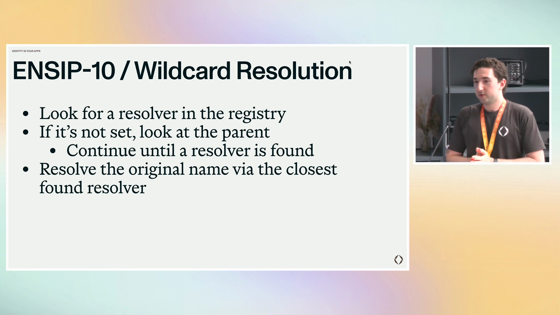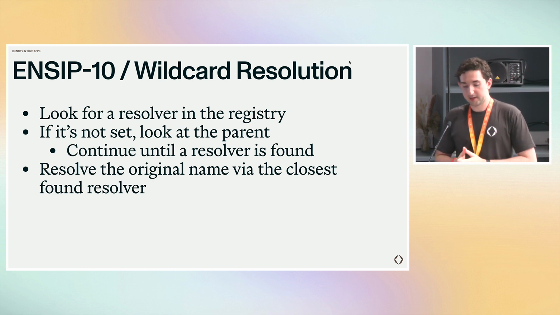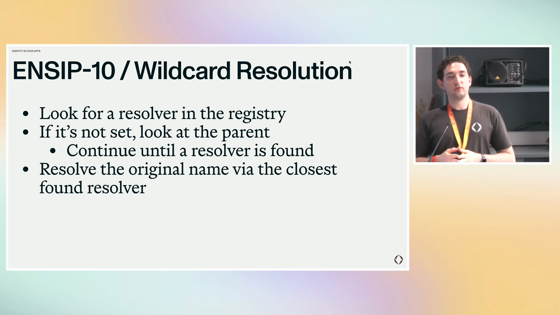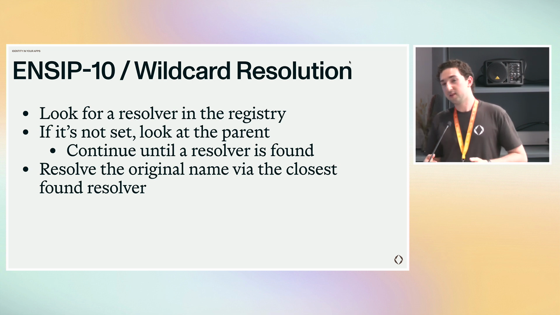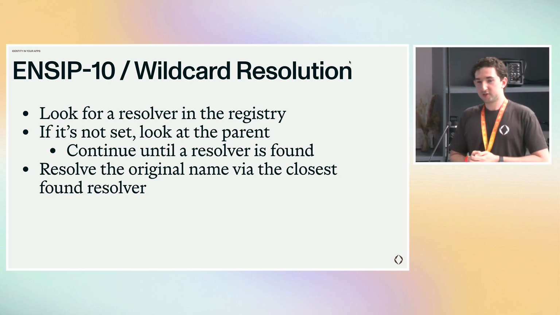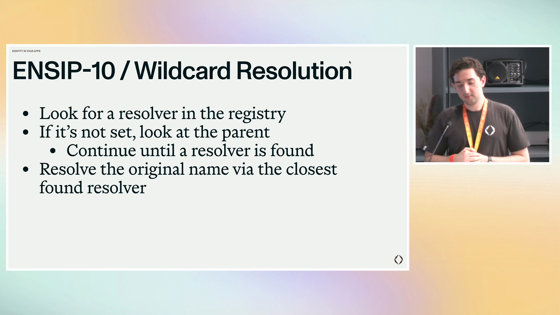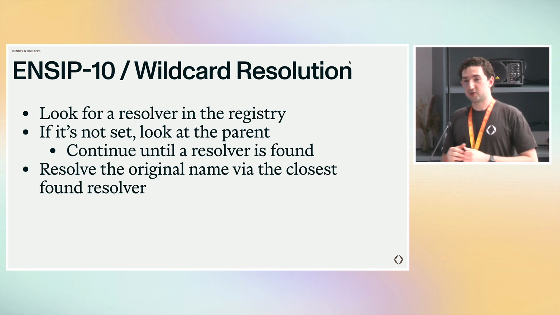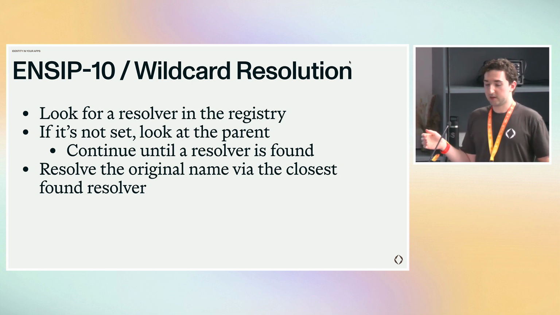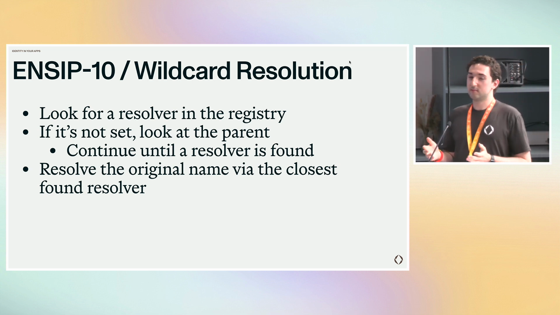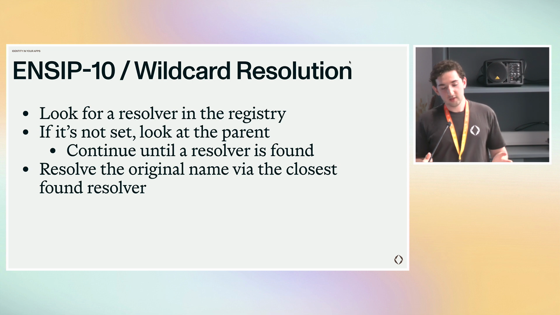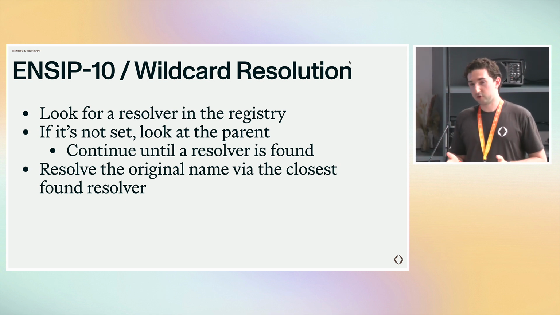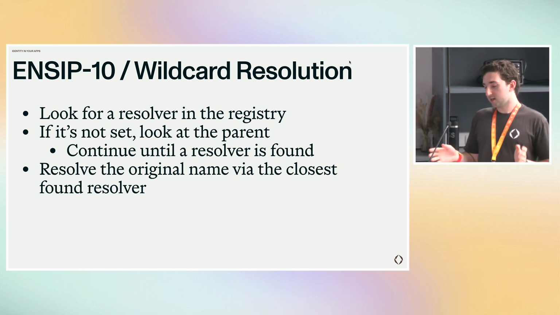Basically, wildcard resolution is an ENS spec that defines how to find the resolver for a subdomain that might not exist on-chain. So for example, you can go into the Coinbase Wallet app today and register name.cb.id. And when I say register, that's just like adding a record in Coinbase's database, but it becomes instantly accessible across all of Web3. So you can use this in MetaMask as soon as it's created in Coinbase Wallet, even though it's not on-chain.